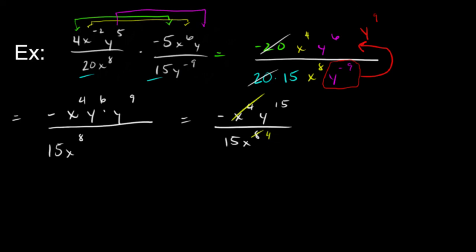Basically what you're doing is taking away from the exponents until there's nothing left, and whatever's remaining, you put in the location it's at, whether it be the top or the bottom. So what you've got is negative y to the 15th over 15 x to the 4th. I think I've been saying what happens a lot this lesson. I'm off my game, I think. And there's your simplified problem.